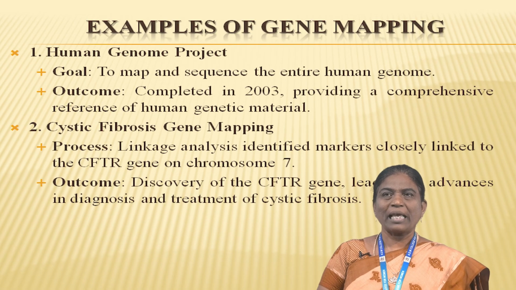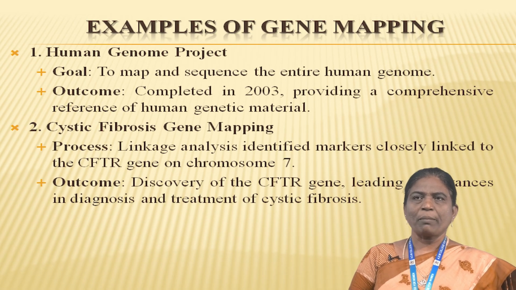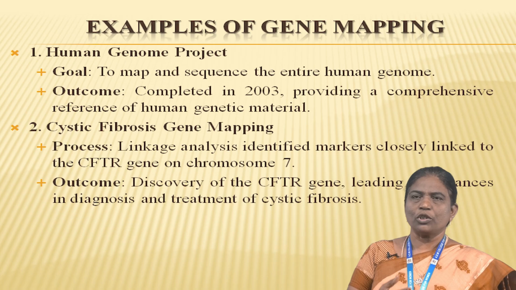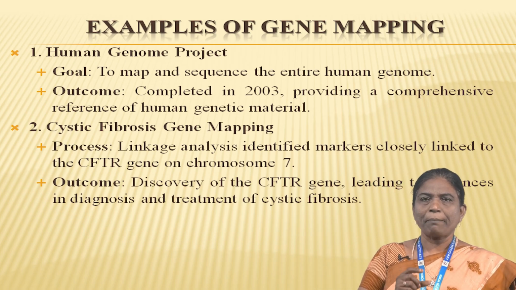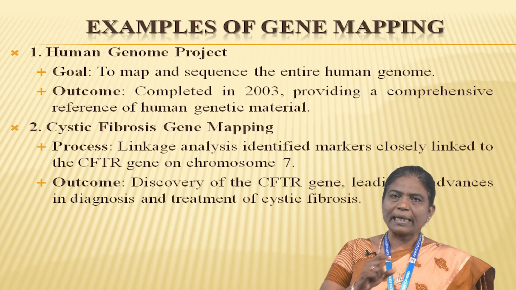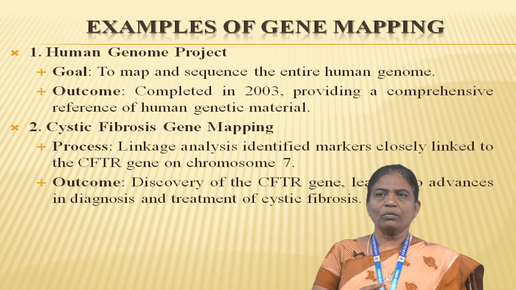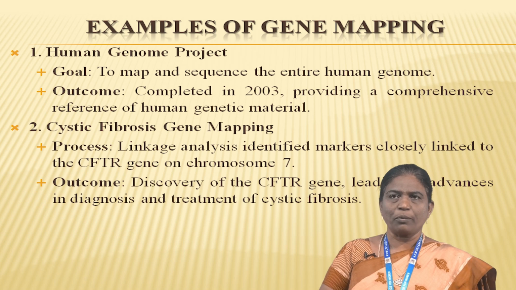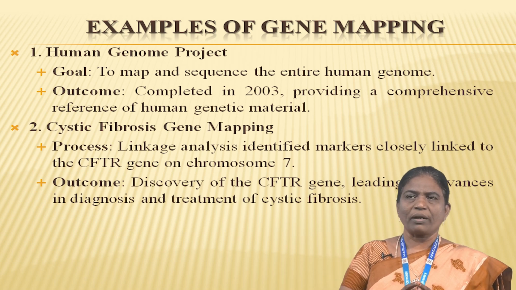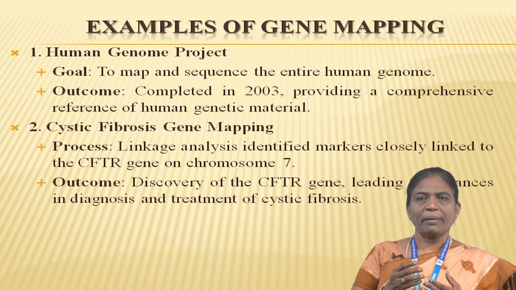Now some examples of gene mapping. Number one is the Human Genome Project. Here the goal of this project is to map and sequence the entire human genome. The outcome is that it was completed in 2003, providing a comprehensive reference of human genetic material.